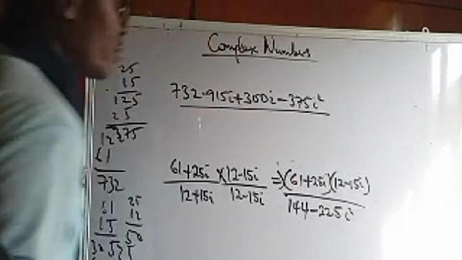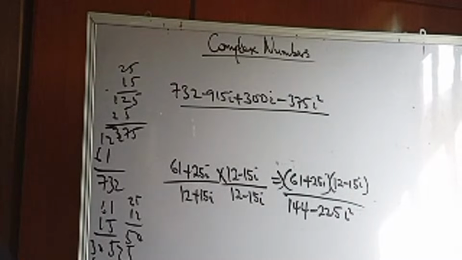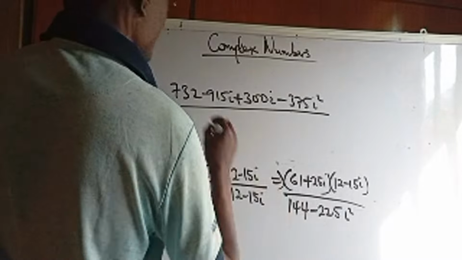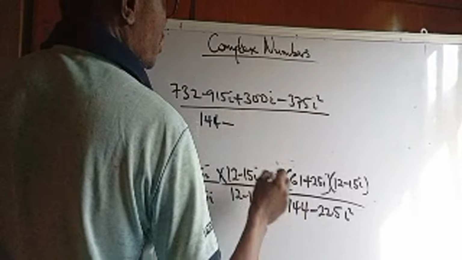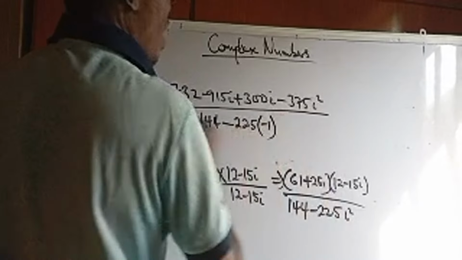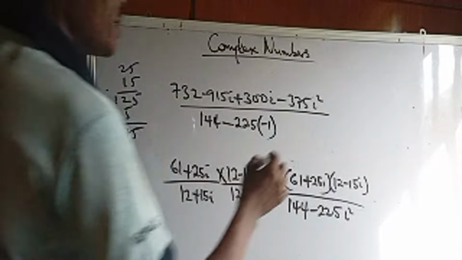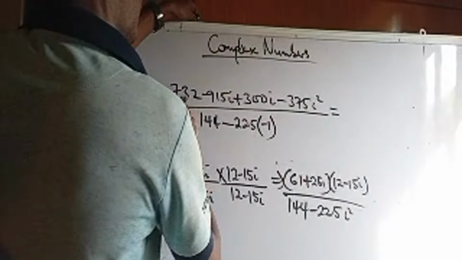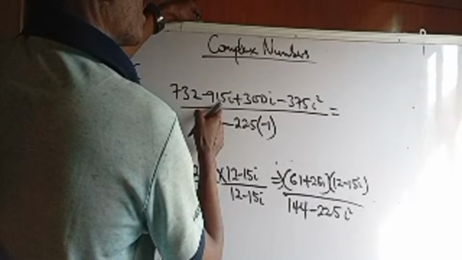This value looks big, you know. But if you follow strictly, you will get it. It's very simple. All over 144 minus 225. Then i squared is minus 1. So let's write it down. Let's simplify here. 732. Any other factors of 72?